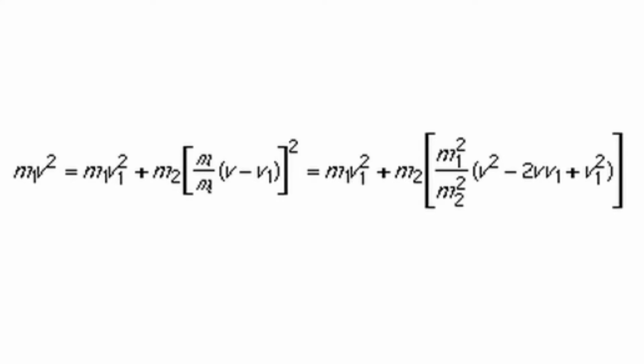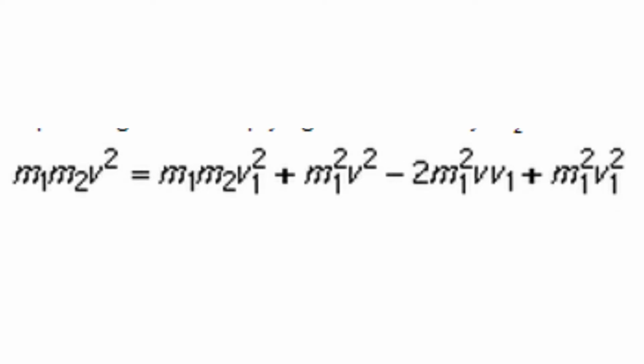m1v squared equals m1v1 squared plus m2, all multiplied by m1 divided by m2 times v minus v1, all that squared, which equals m1v1 squared plus m2 times m1 squared over m2 squared times v squared minus 2v times v1 plus v1 squared.